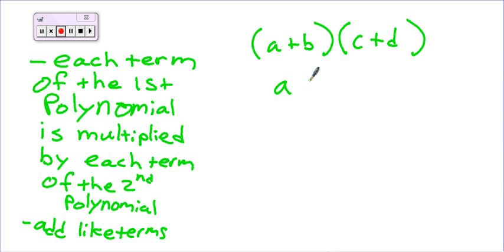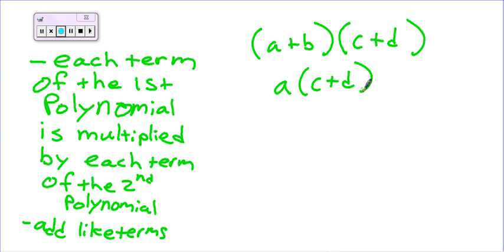So your first step is to do a times c and a times d. What about the b though? We'll do that next. We have to do each term.